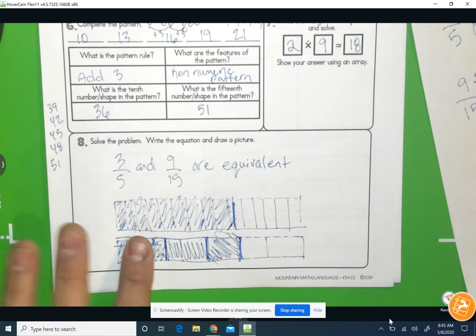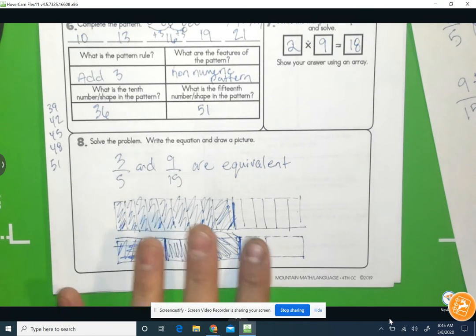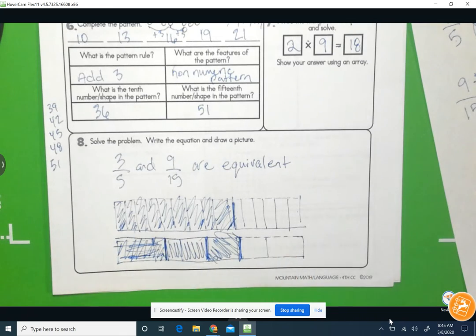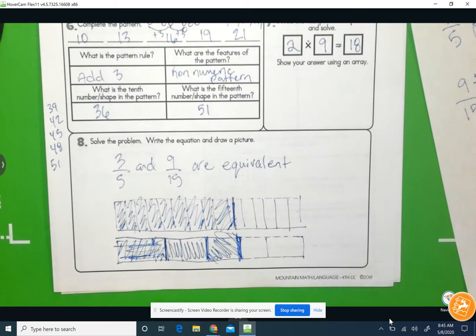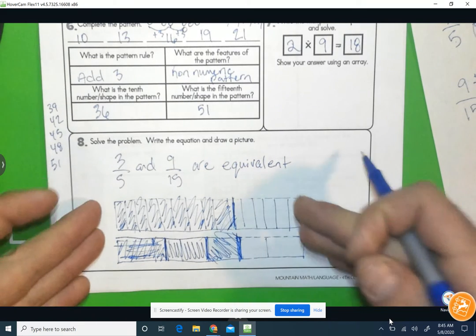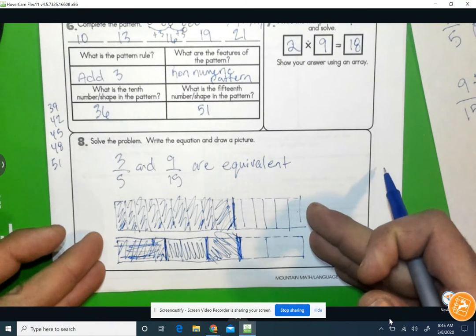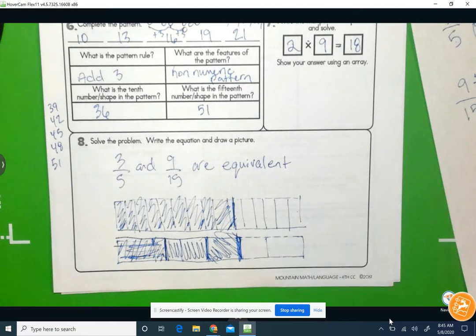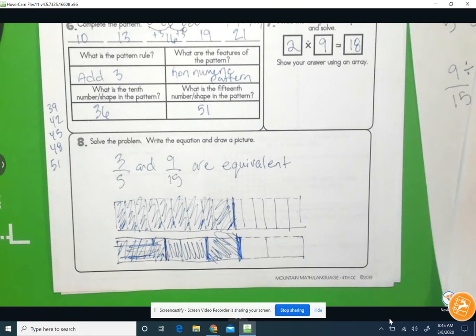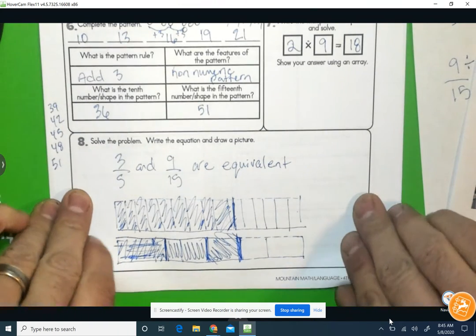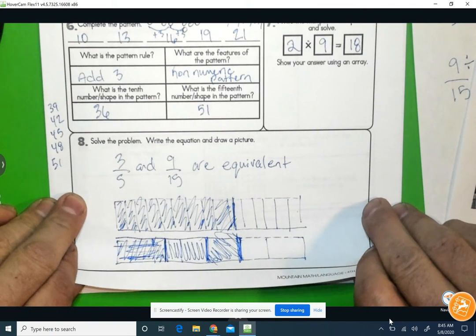So we have piece 1 here, 2, 3, 4, and 5, and then all the way up here. So as I look at this, I've drawn Meg's 9/15 and I drew Sarah's just to show you that 3/5 and 9/15 are the same, minus my really atrocious looking drawing there. Okay, all right, that's number 8.